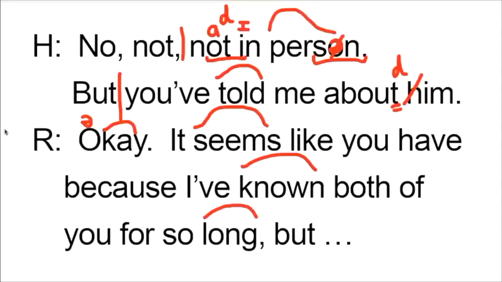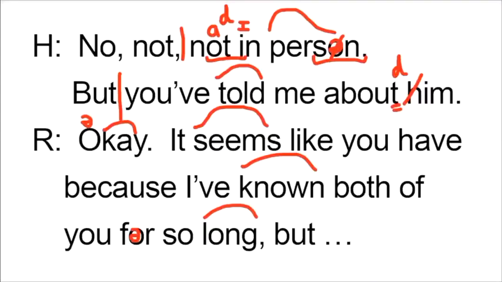The less important words, the function words, will be less clear and very fast, and sometimes will change the sounds. For example, in the word for, that was pronounced with the schwa. Fur. For so long, but.